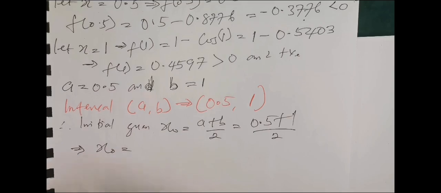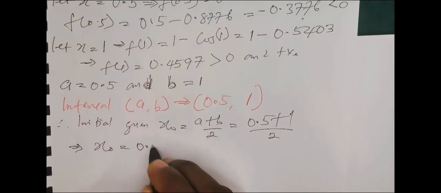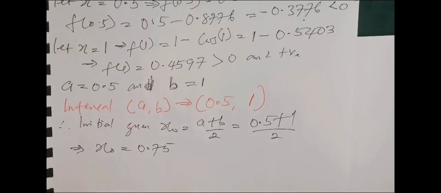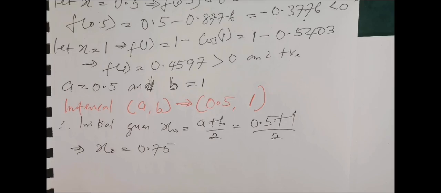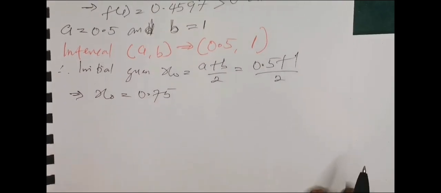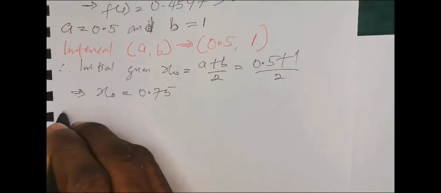That gives us 0.75. So x0 is 0.75, and that becomes our initial guess. Then we start our very first iteration using that initial guess. Okay, so we'll begin our first iteration.